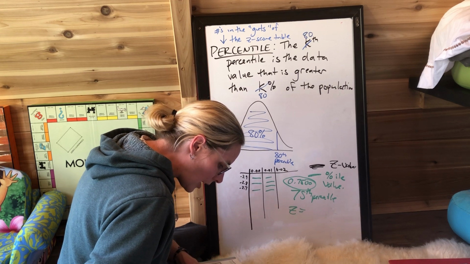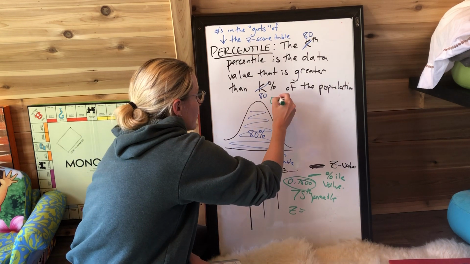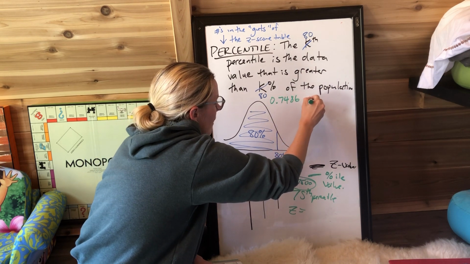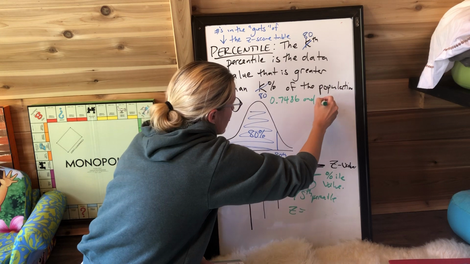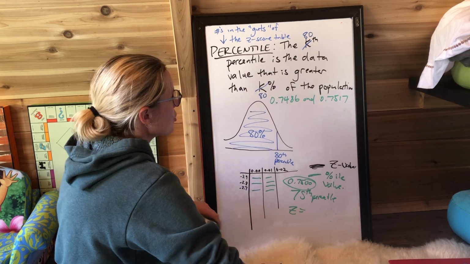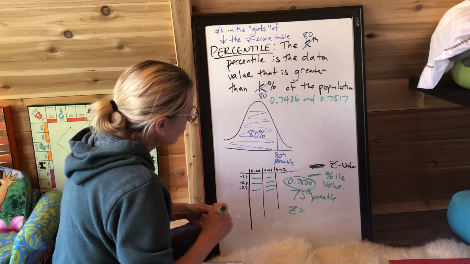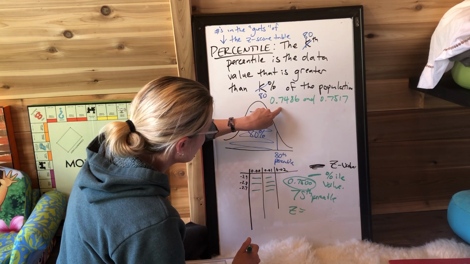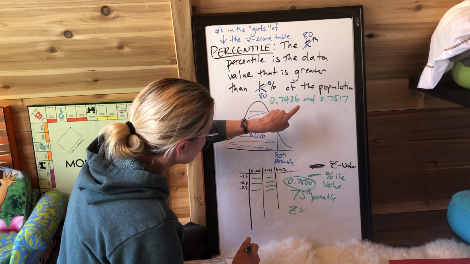And I find two values that are close. I find 0.7486, and then the next one beside it is 0.7517. So you have to know which one is closer to 0.75. Well, if you look, this one is 14 one-thousandths away. If you go 14 above, you get to 0.75.